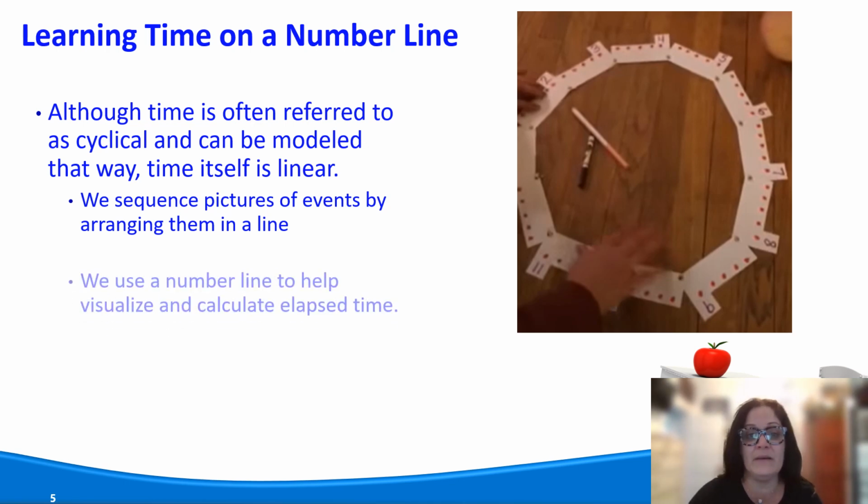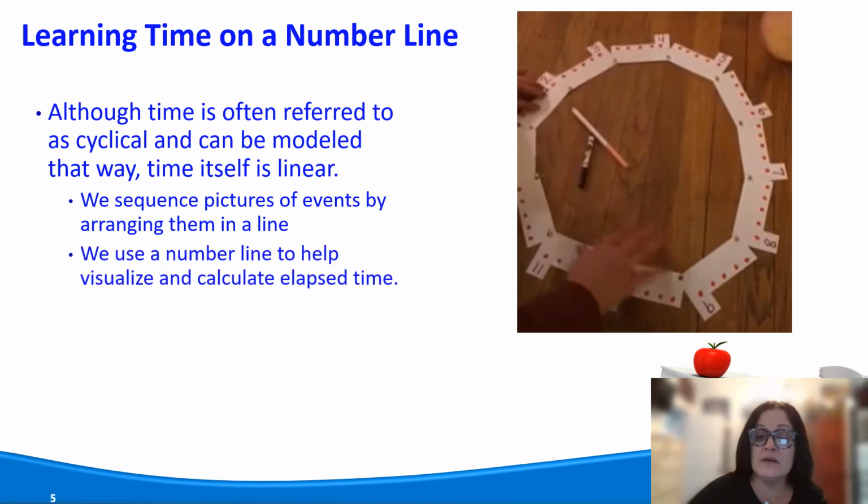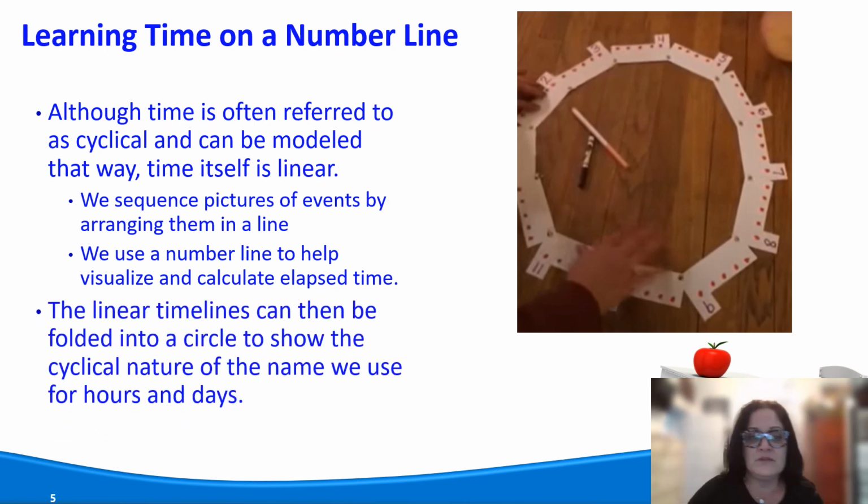We also use a number line to solve problems and help us visualize elapsed time in third grade. So the linear timelines can be used to teach our students about time, but then we can fold them into a circle, as we saw in the video, to show the concept of it being cyclical in nature.